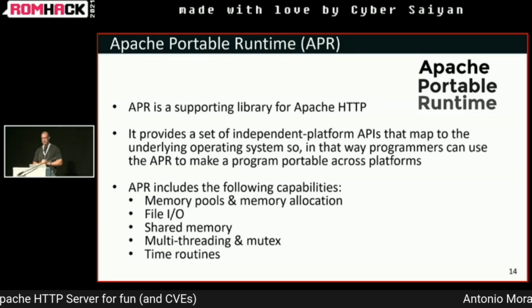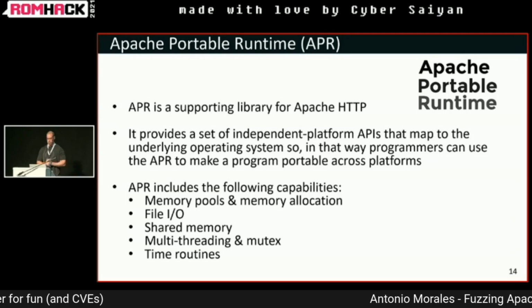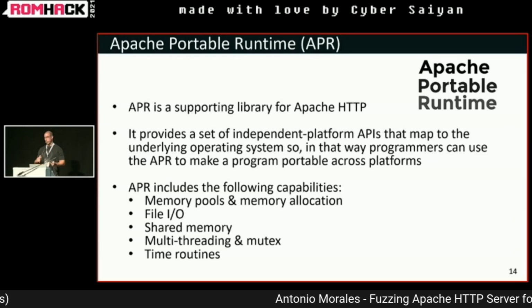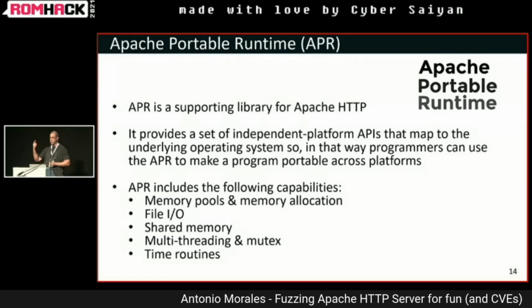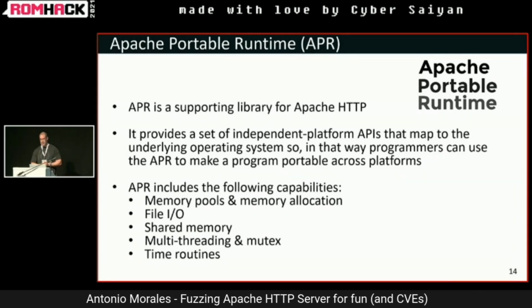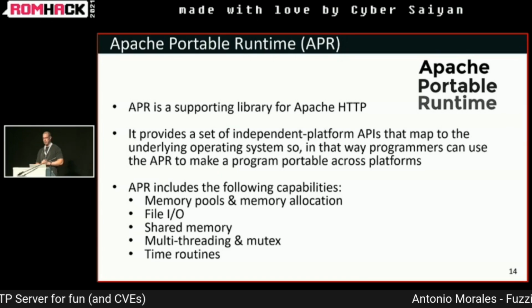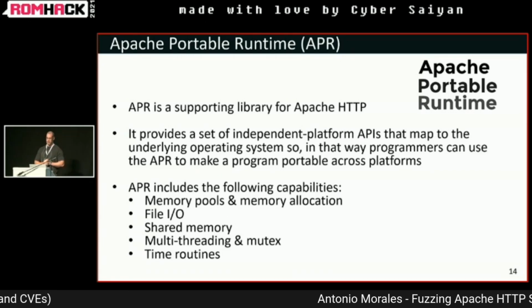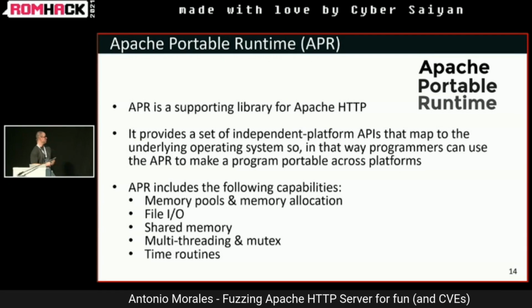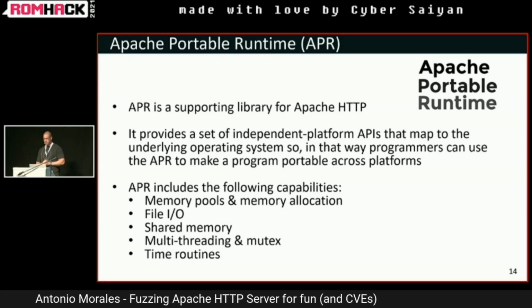And some of the capabilities of APR include the memory pools and memory allocations that I will explain after. It also handles file input and output. It provides shared memory functionalities. And for example, other things such as multi-threading or time routines.